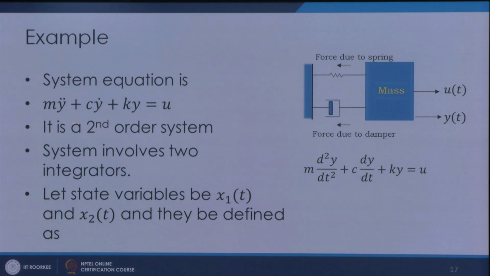Now, it is a second order system because the highest order here is 2. It means that this system will involve two integrators, and so there are going to be two state variables in this case. Let these state variables be x1(t) and x2(t).